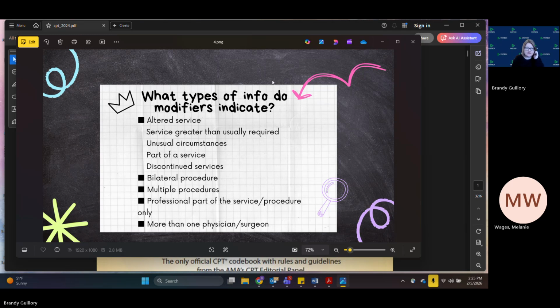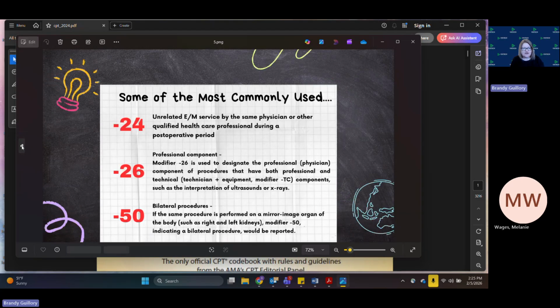Okay. So that's all the different types of information that it can indicate, and that's not all inclusive, guys. There's more than this. This is just what I wanted to highlight on this slide. All right. So I listed some of the most commonly used ones.